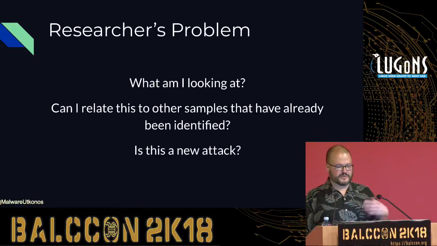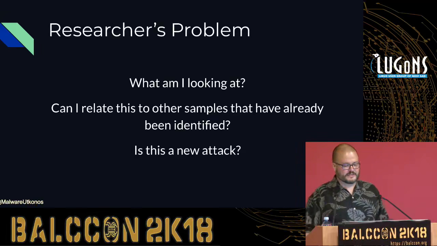So you have the malware researcher, and the malware researcher wants to know what he or she is looking at. They might have a sample, but a malware researcher is not necessarily in an emergency situation. They typically have enough time to sit down and think about what they're looking at.